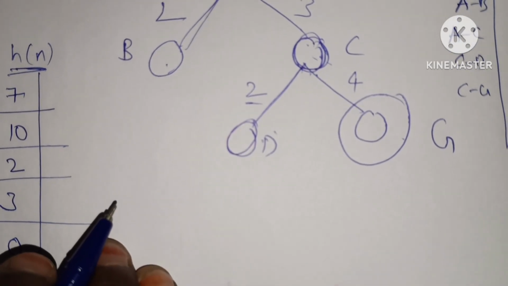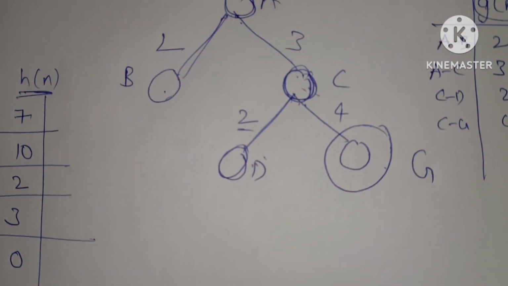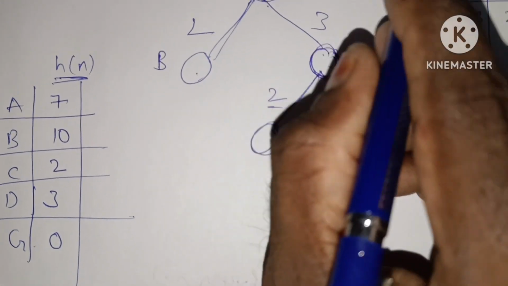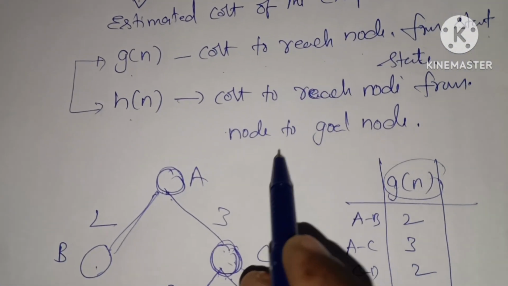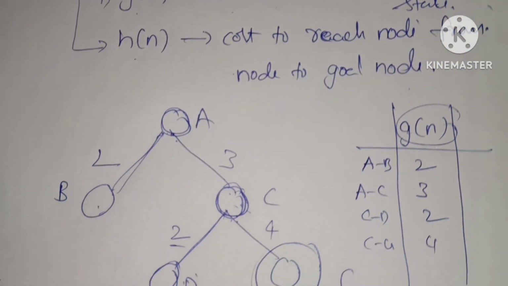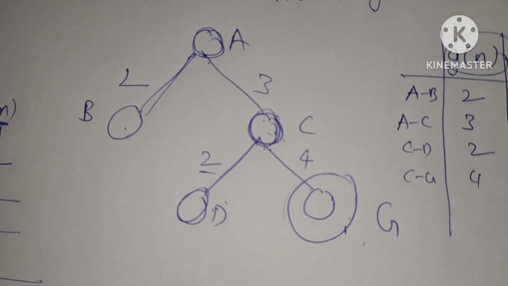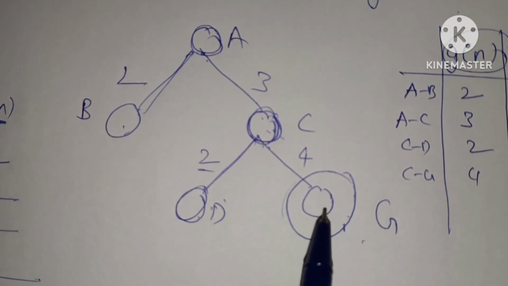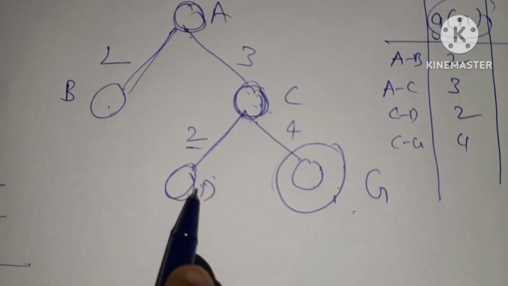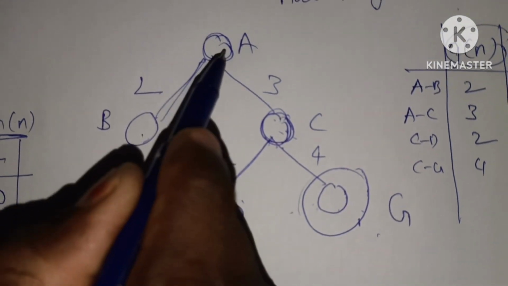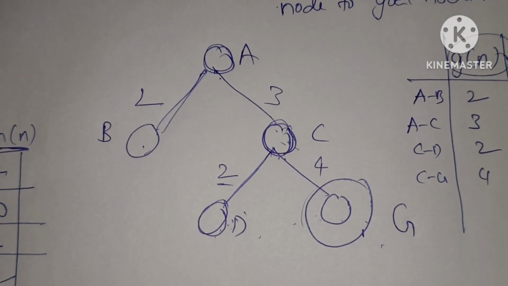So here again you may have some doubt. Sir, how can you decide these values? Just say that the heuristic value means the cost from the node to the goal node. For example, G to G, this is the goal node, G to G cost is always 0. D to G, in my opinion, is a shorter distance compared with B and A, so that's why I gave some value 3.